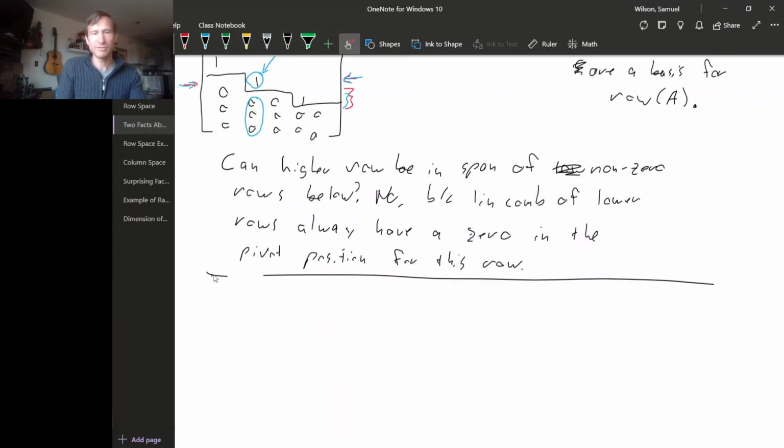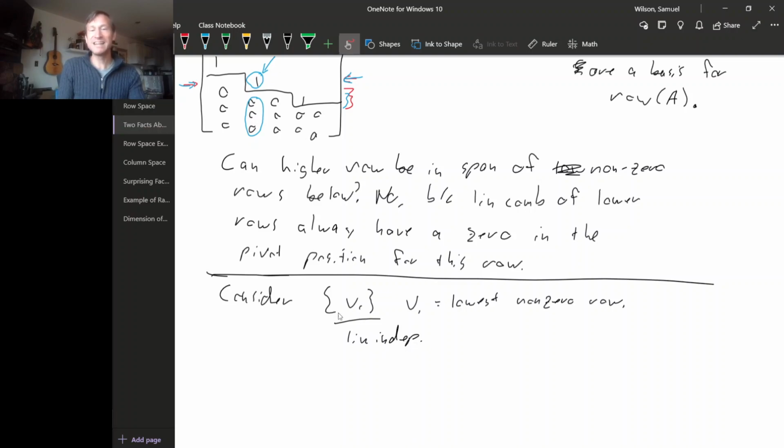Because of this, right? So first, consider the collection of just the lowest non-zero row. So V1 is the lowest non-zero row. This collection is linearly independent.